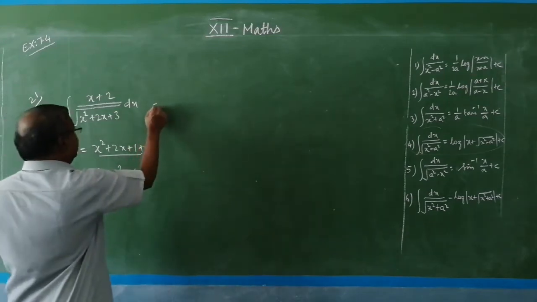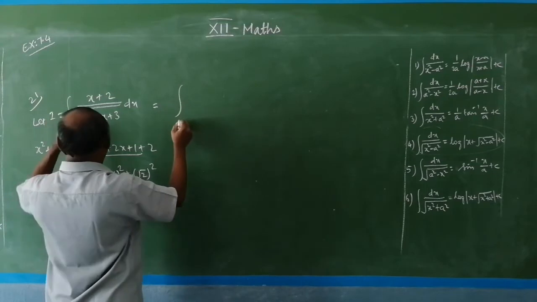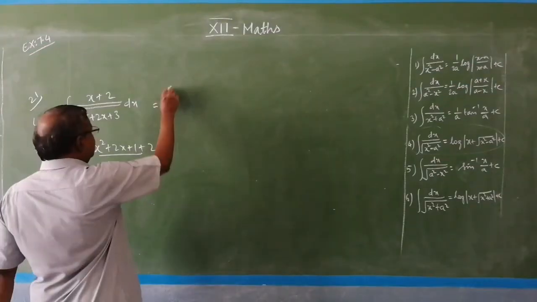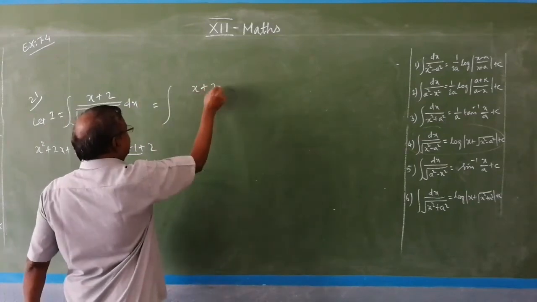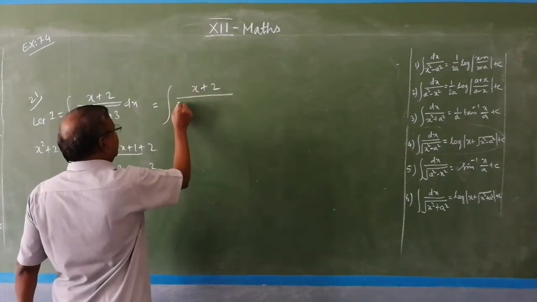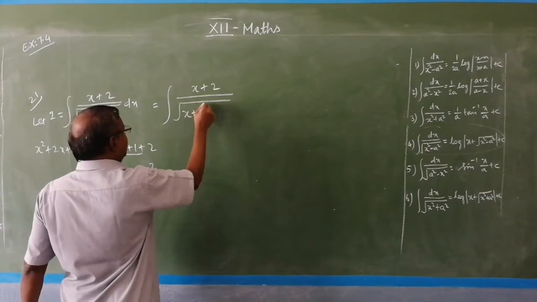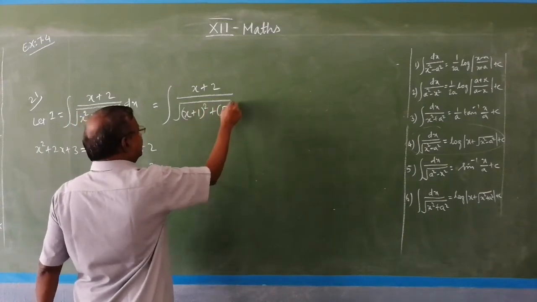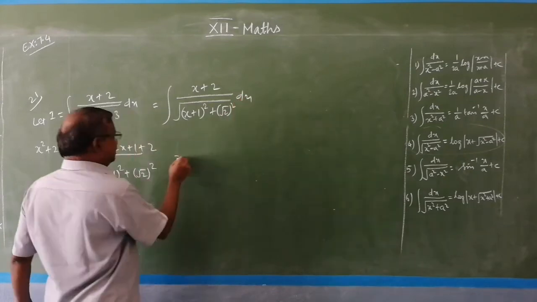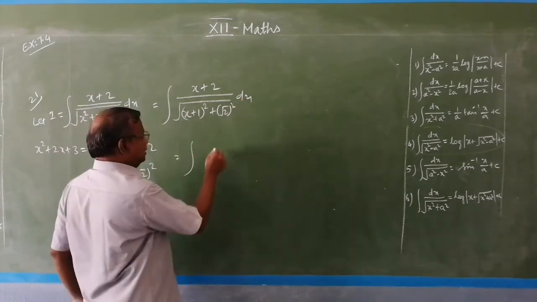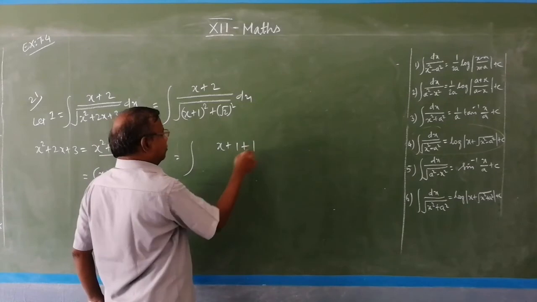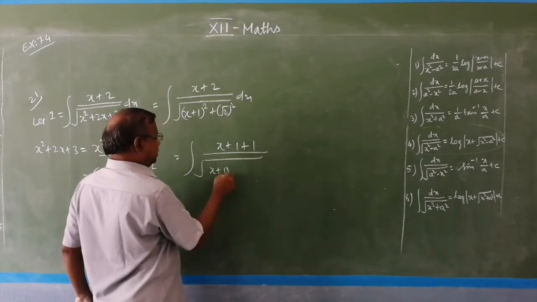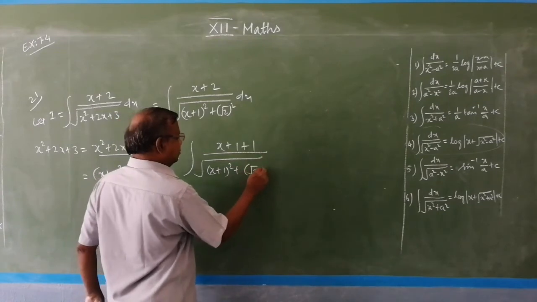Now split the numerator into two parts. This is x plus 2 divided by root of x plus 1 the whole square plus root 2 square into dx. This can be written as x plus 1 plus 1 divided by root of x plus 1 the whole square plus root 2 the whole square into dx.